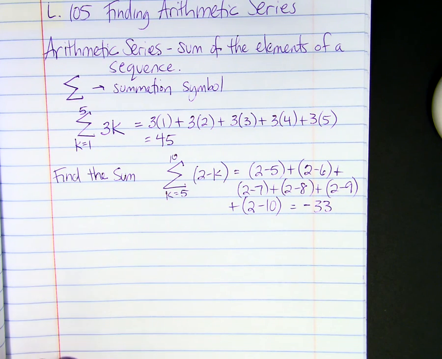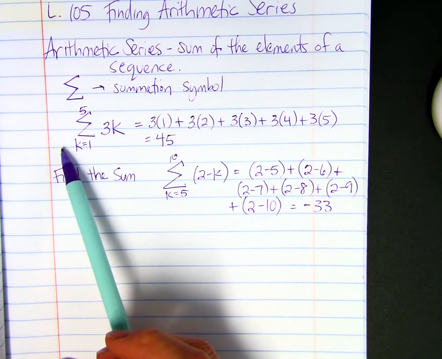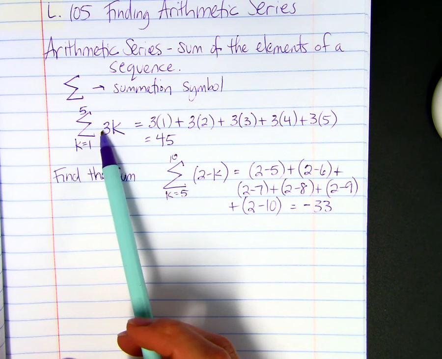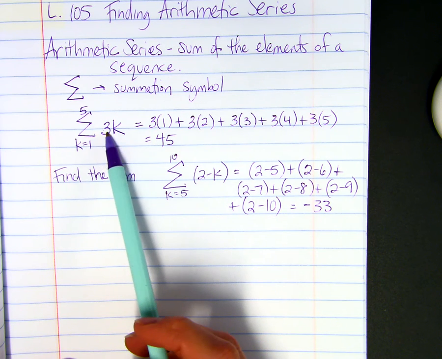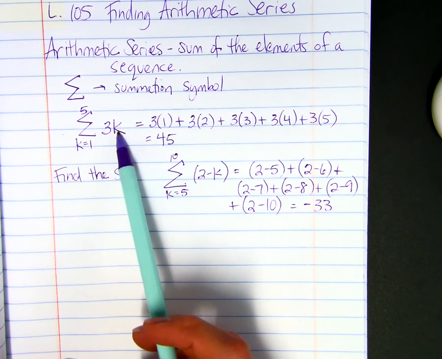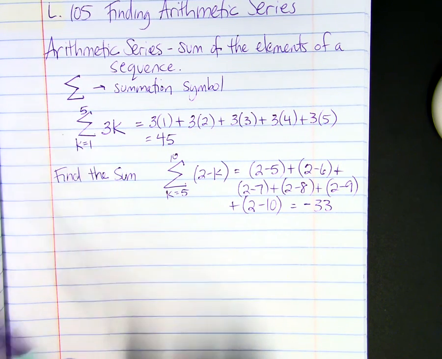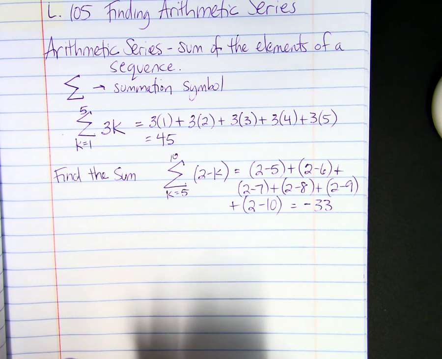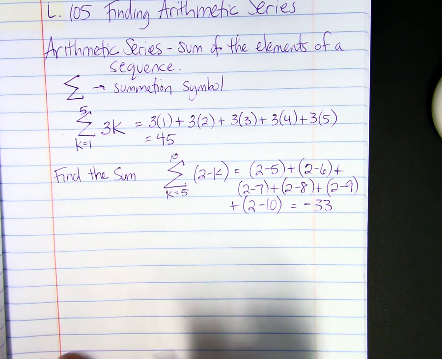You can factor out a 3 for this one. In other words, you can factor this 3 out of the summation symbol. So you take the sum of the numbers 1 through 5 and then times it by 3. Sweet.